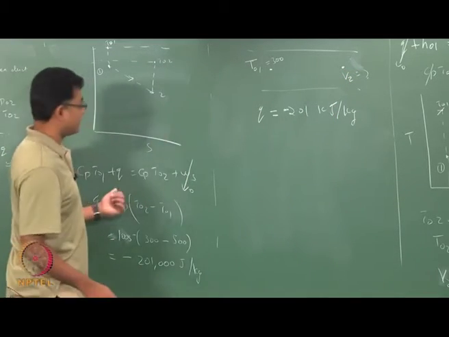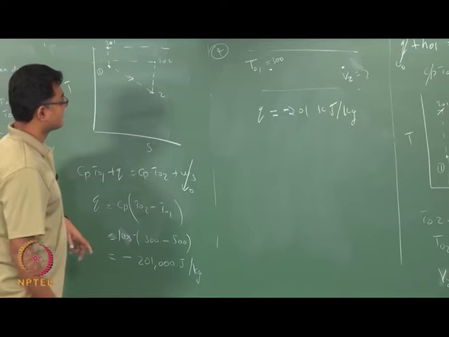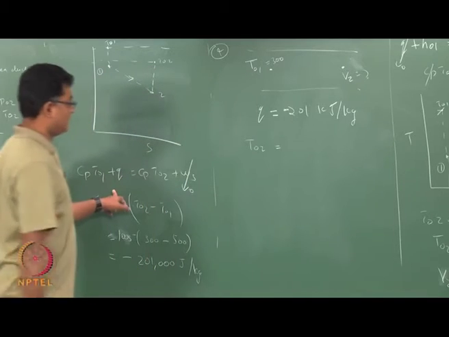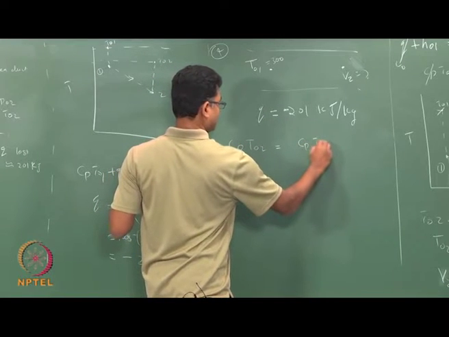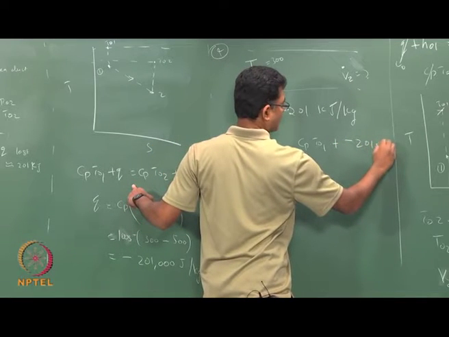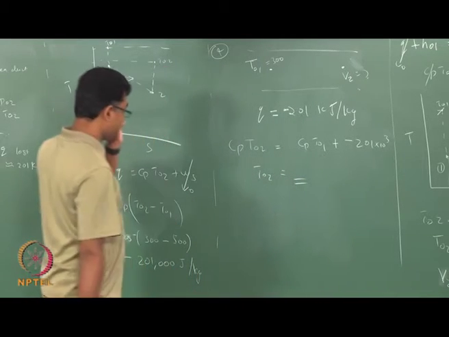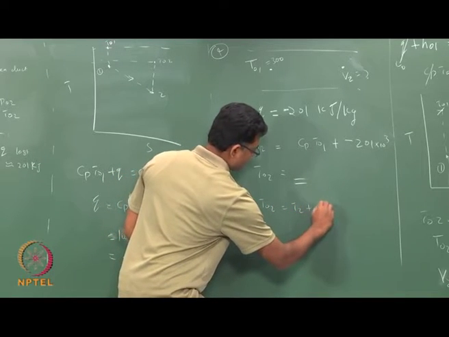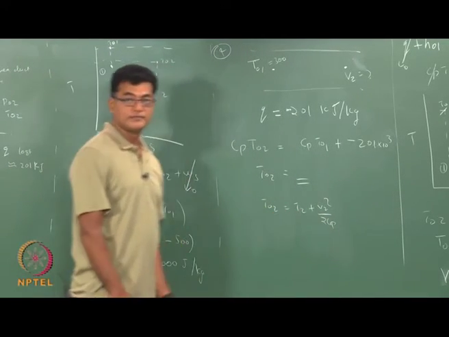So, from this equation I can find, so this is my question 4. From this equation I can find T02, okay. Find your T02. Once you have T02, you can find your V2 if I know my T2.